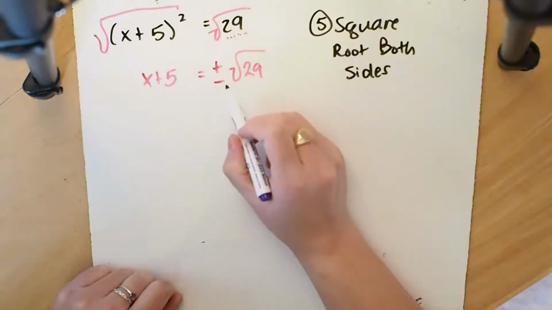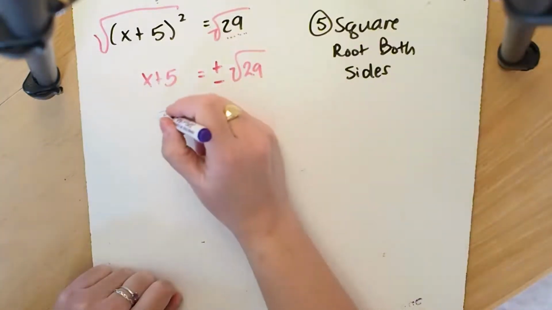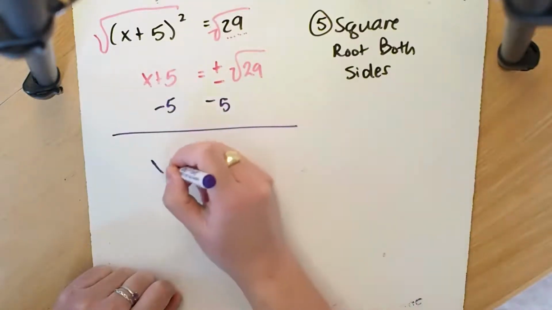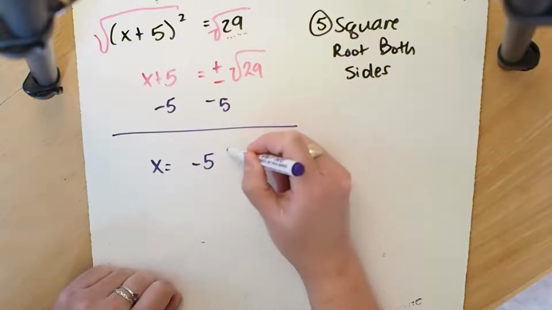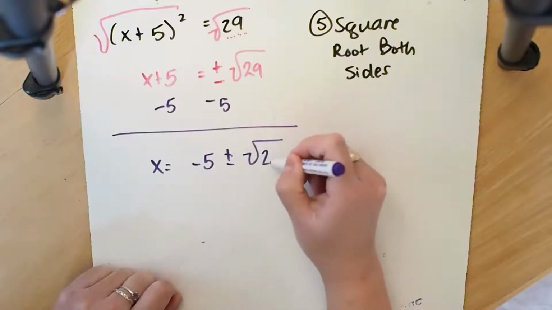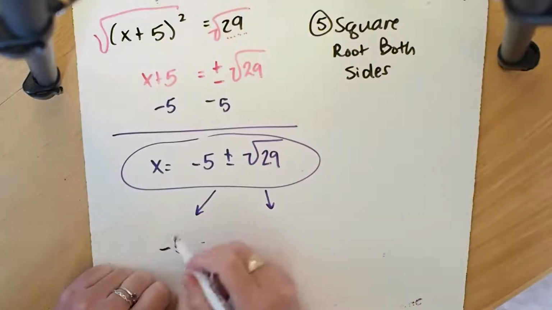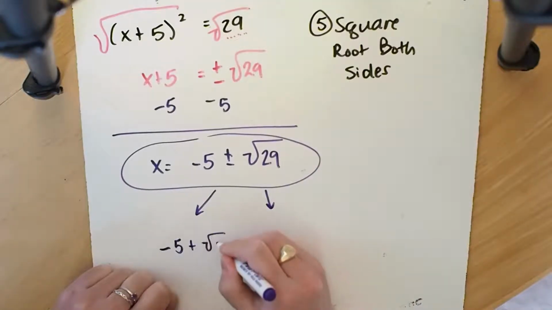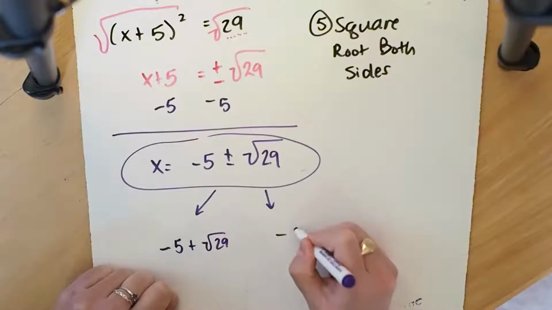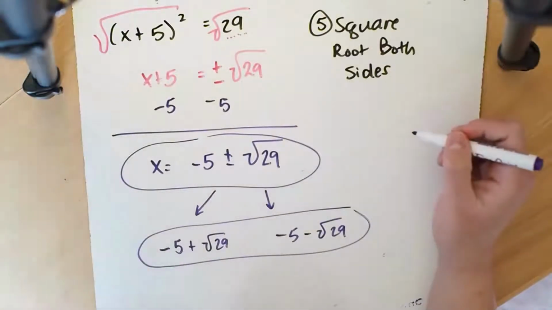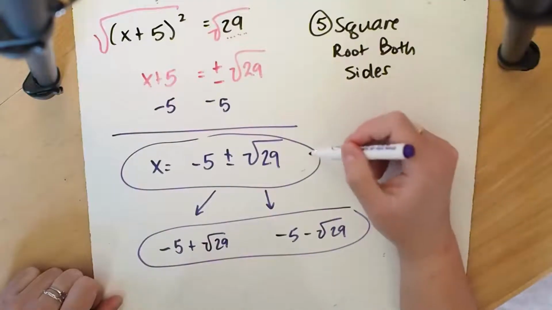It's super important that we have the 2 answers here. Then we can use SADMEP properties to move the negative 5 over, and we get x equals negative 5 plus or minus the square root of 29. You can write it like this, but don't forget that this is actually 2 answers: negative 5 plus the square root of 29 and negative 5 minus the square root of 29. You could use your calculator, but for the purposes of this homework, you can just leave it like this.